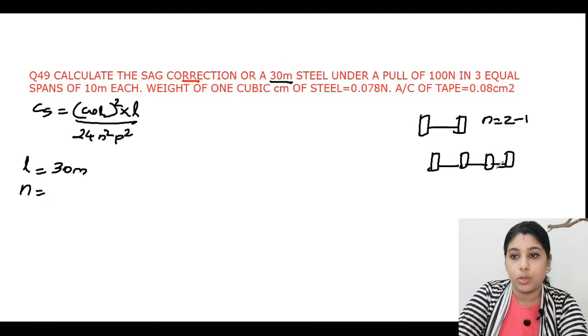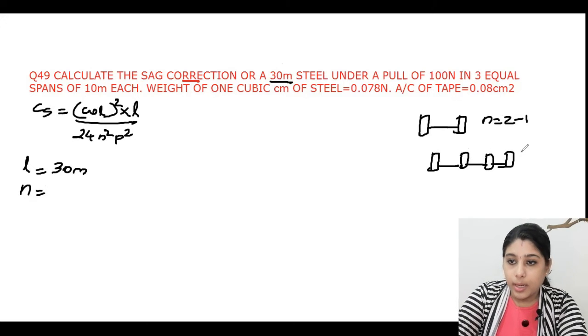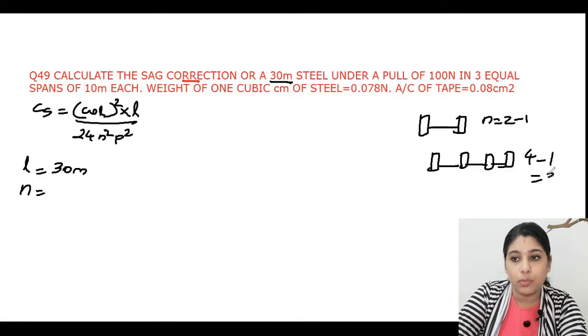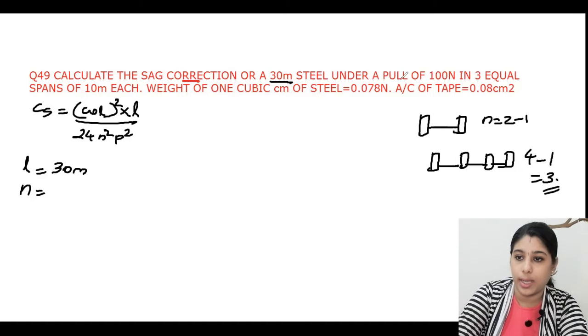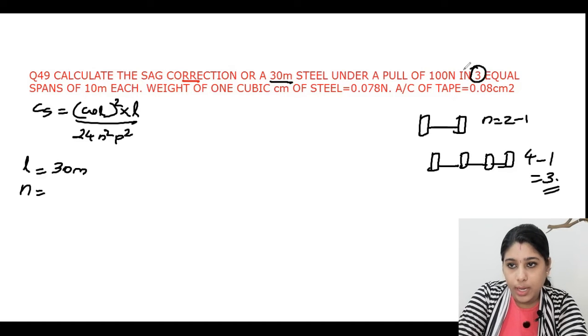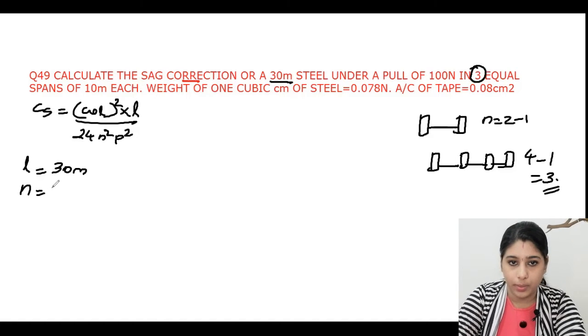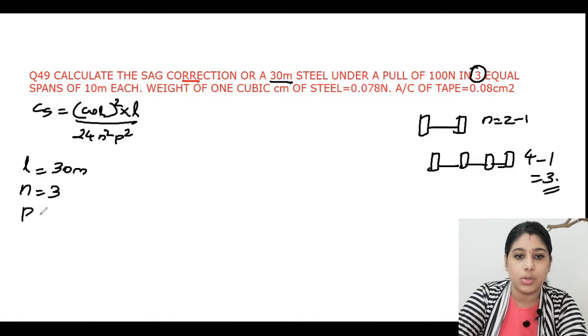That is why 1, 2, 3, 3 spans is there. They can either give the support number as 4, so that 4 minus 1 is 3. Likewise you can find the N value, but here they have directly given it, so no calculation is required. So N is equal to 3.